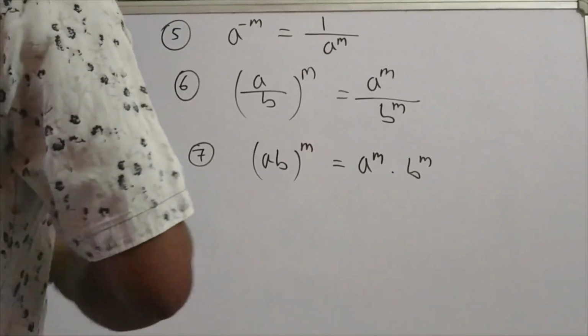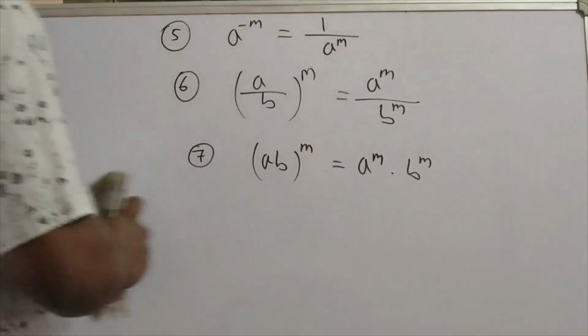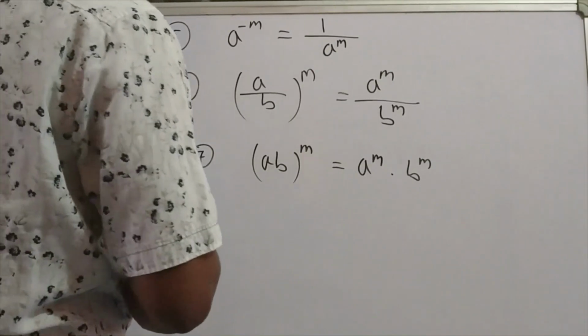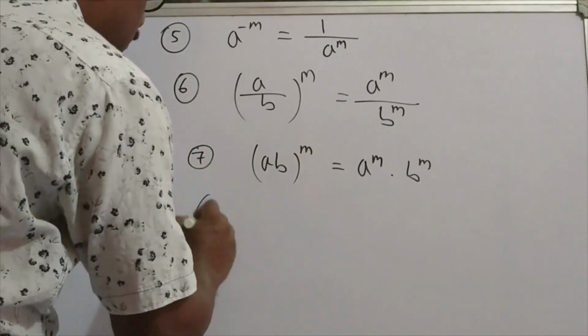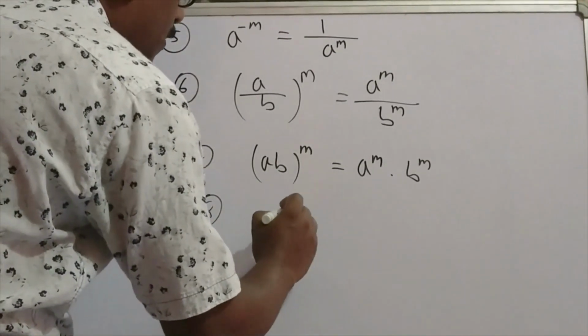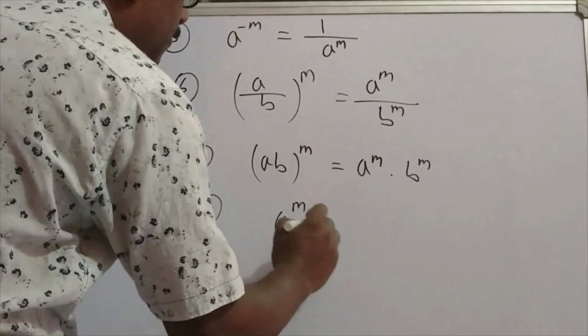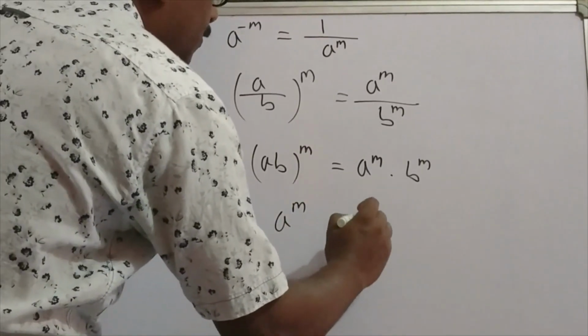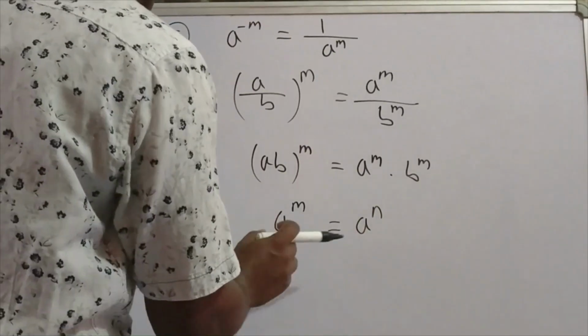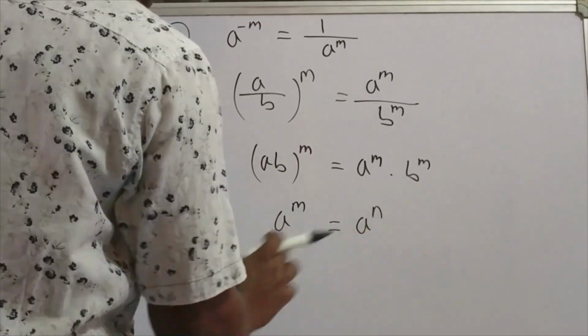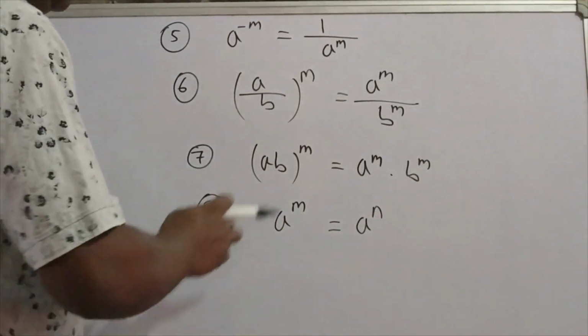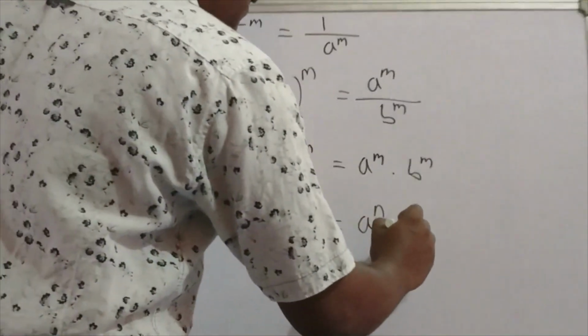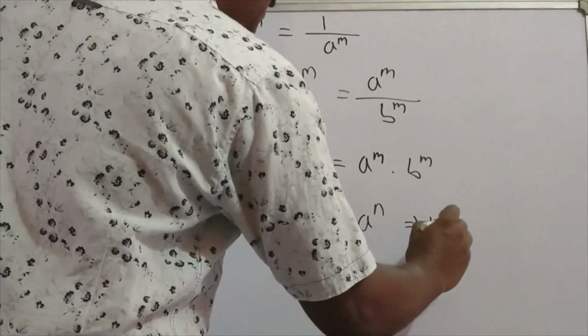Now the eighth formula. Eighth formula is, suppose a to the power m is equal to a to the power n. Both sides you see the base is same, a, but the power is not same. If the base is same, it implies m is equal to n.